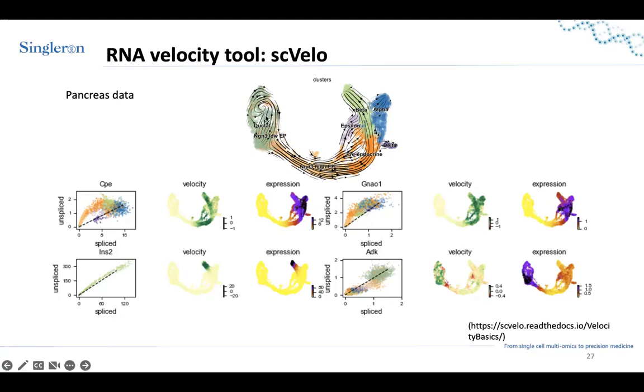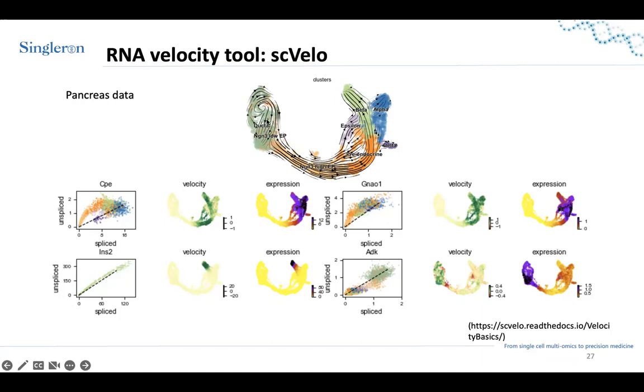You can use this velocity profile for a particular cell and its neighborhood to calculate the direction in which the overall velocity goes. So in this case, you get the arrows. These arrows indicate in which direction that cell would evolve if it had to evolve. It doesn't have to, but if it had to differentiate, it would evolve in that direction.